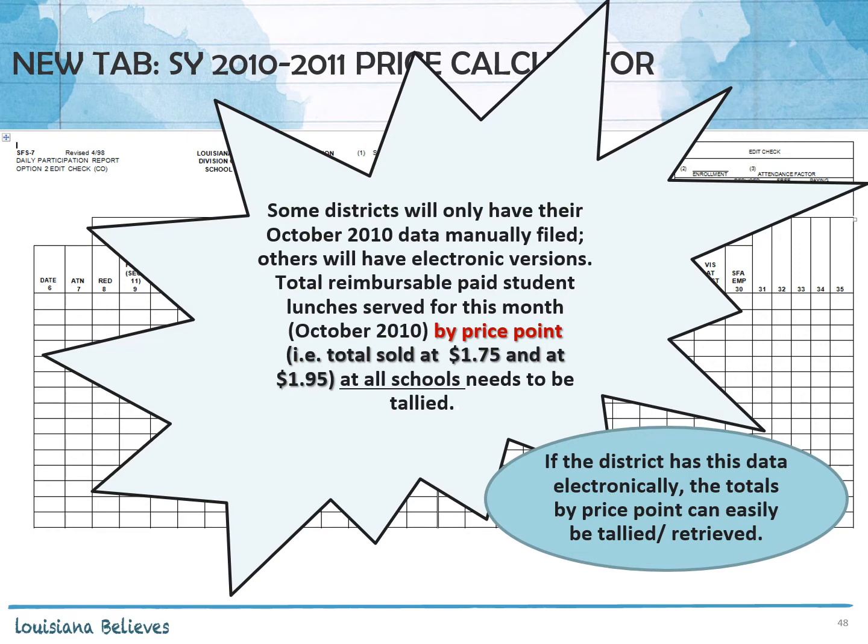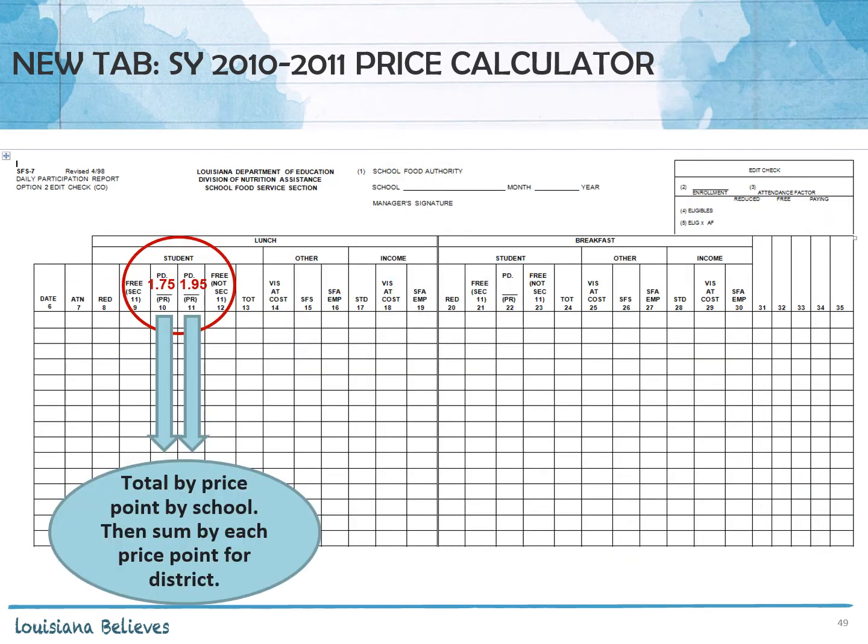Total reimbursable paid student lunches served for the month of October 2010 needs to be tallied by price point at all schools. This means we will need to determine the total sold at $1.75 and $1.95. This is where you would look on the SFS 7 report to total the number of lunches at each price point.